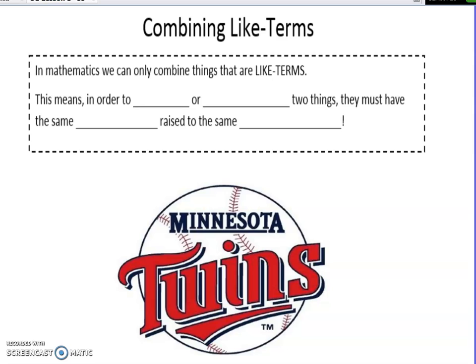This means in order to add or subtract 2 things, they must have the same variable. It means they have to have the same letter, and they have to be raised to the same power. Or in other words, they just must look alike.